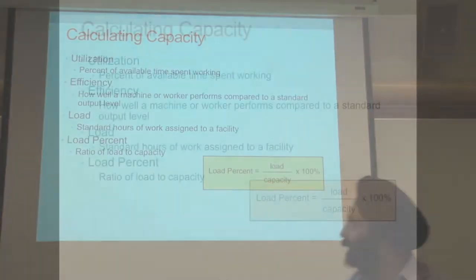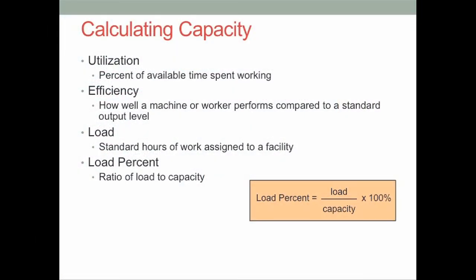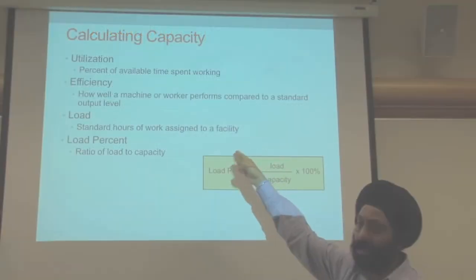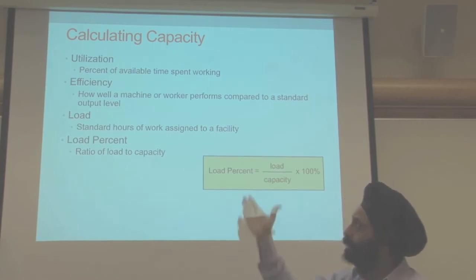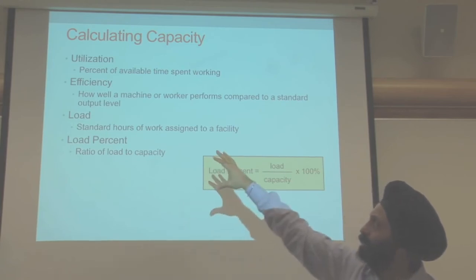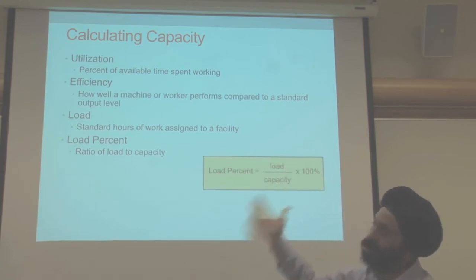So in calculating the capacity, you have the utilization, which is the percentage of available time spent working. There is some time spent on setting up the machine or maintenance, etc. So that is taking out a certain percentage from utilization. Efficiency is how well the machine performs compared to the standard output level.